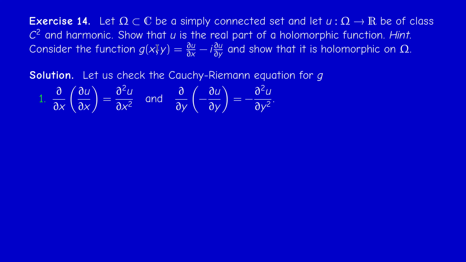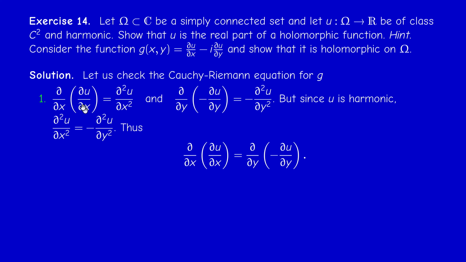Let us show that g is holomorphic. How do I know that g is holomorphic? I just need to check that g satisfies the Cauchy-Riemann equations. So the derivative of the real part is the second derivative of u with respect to x, and the derivative of the imaginary part is minus the second derivative with respect to y. Now, since u is harmonic by assumption, these two are equal because they sum to 0.